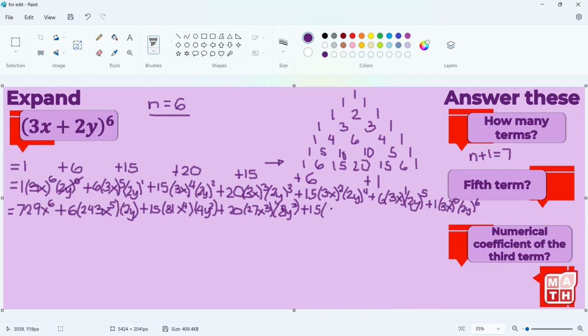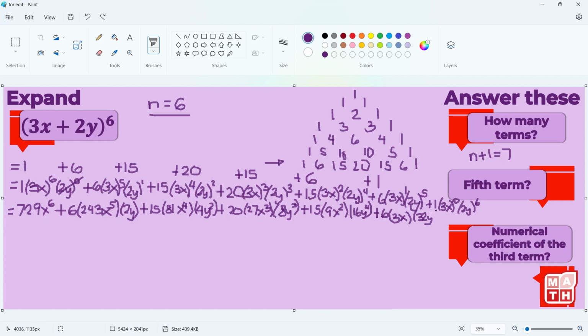answers or coefficients. Like here, 9x squared, and the 2 becomes 16 y to the power of 4, plus 6 times 3x, because that's to the power of 1, times 32 y to the power of 5. That's 5.